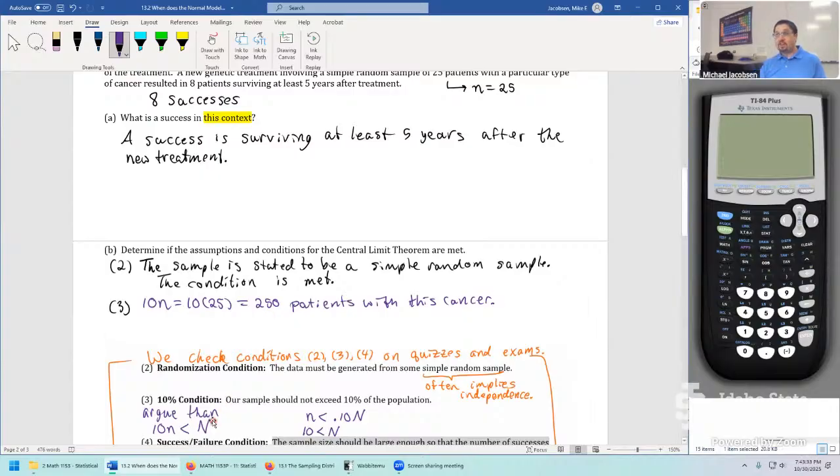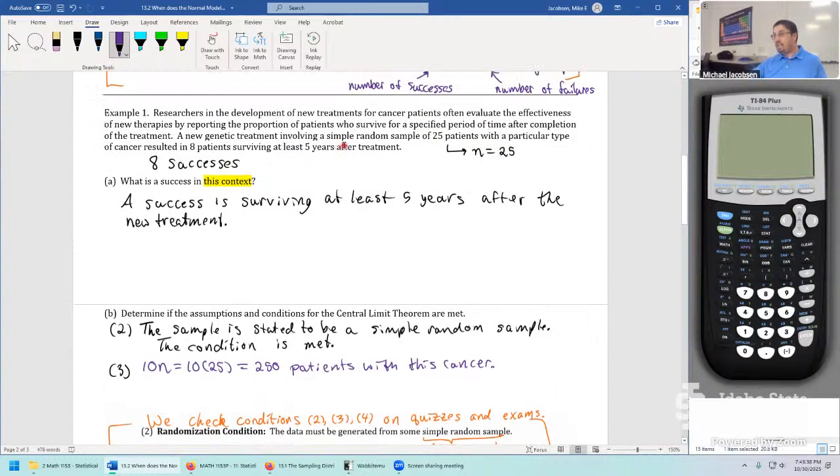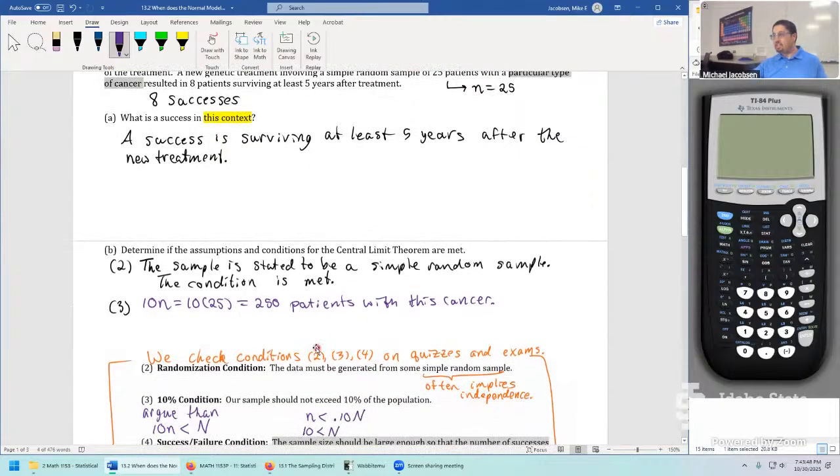So condition checking is hard. We have to go based off of what we're given in the context. We're not given a lot. We're just told this was a particular type of cancer. So we have to make a judgment call. I can't tell you for sure if this condition's met or not, but we can still discuss it.